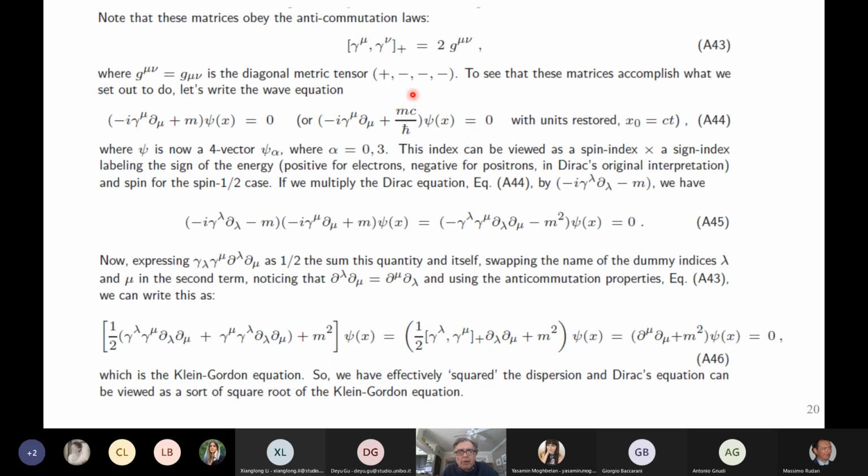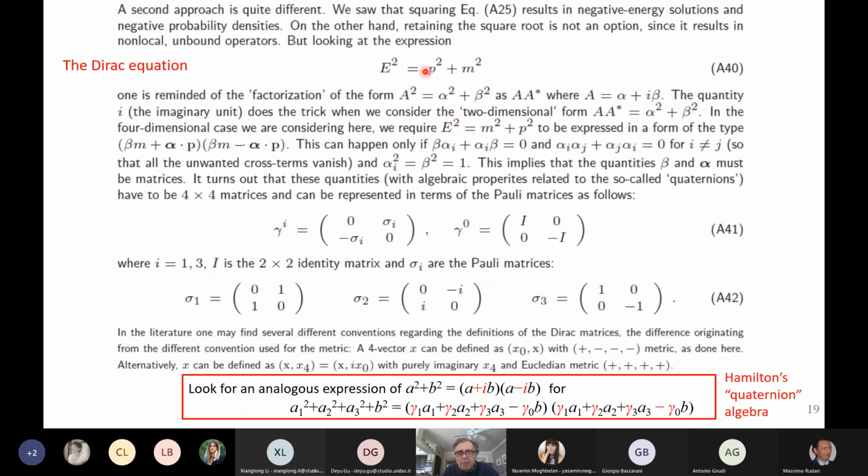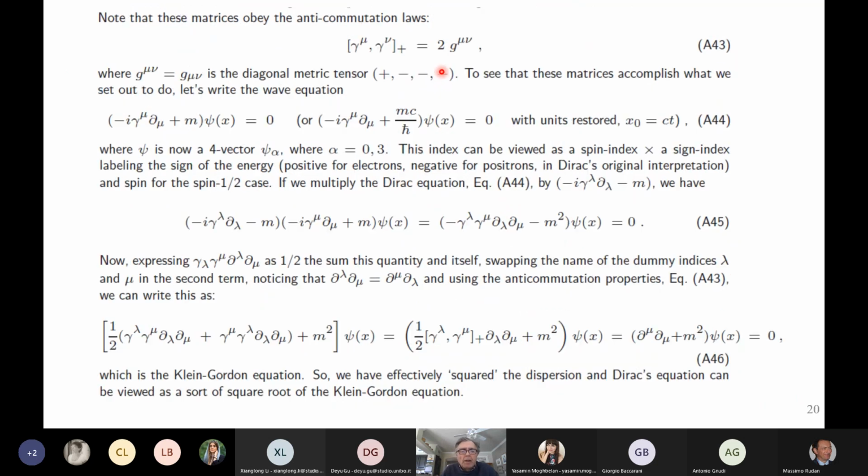Okay, so the idea is that now, having done that, I can replace p mu, p0, which is the time derivative, and p1, 2, 3, which will be the 3 derivatives with respect to the 3 space coordinates. I can write it in terms of the derivative with respect to x mu. The standard notation is, in this case, I use mu as going from 0 to 3.